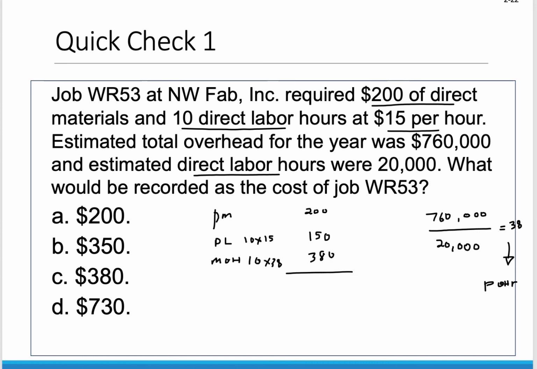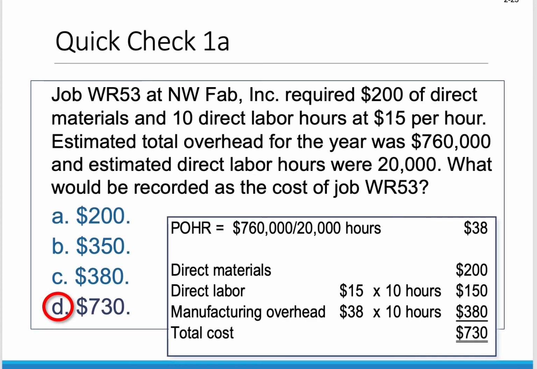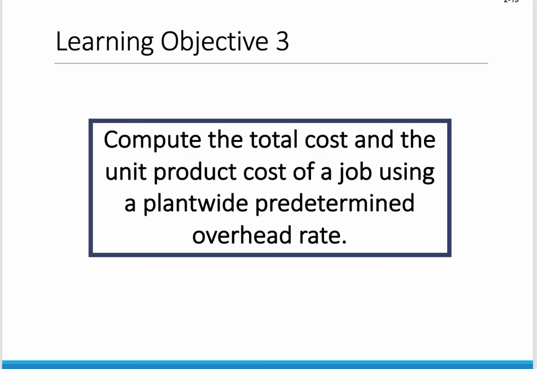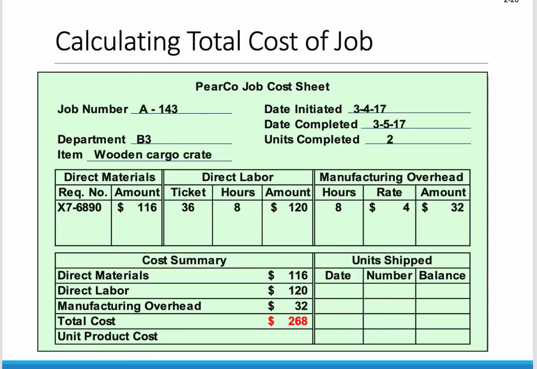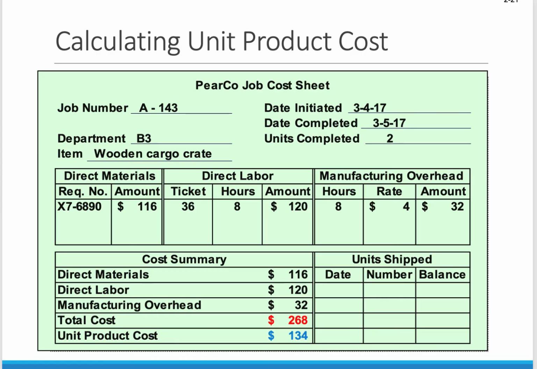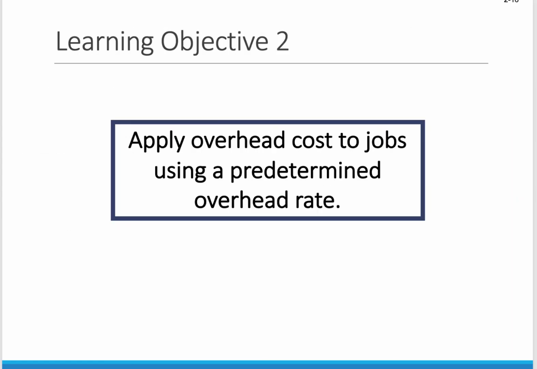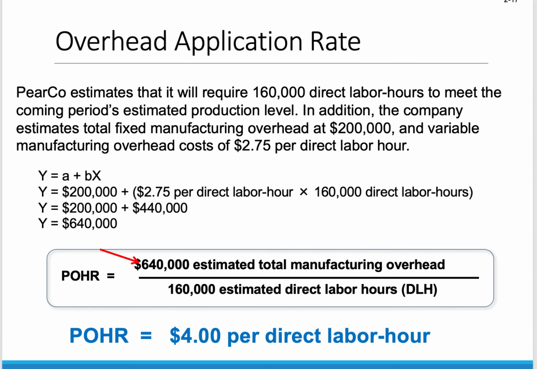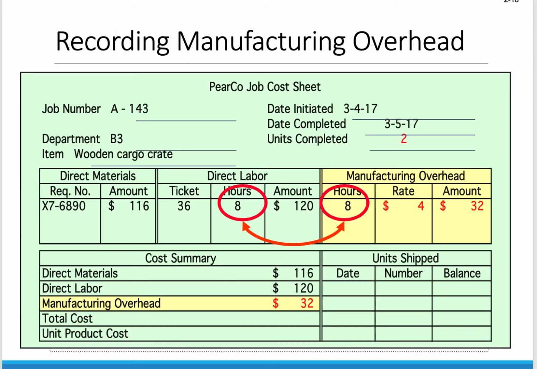So let's not forget our real takeaway here. Our real takeaway is recognizing that when we apply manufacturing overhead, we're using the actual cost driver that was incurred on the job, whether that's direct labor hours, machine hours, direct labor dollars, whatever.